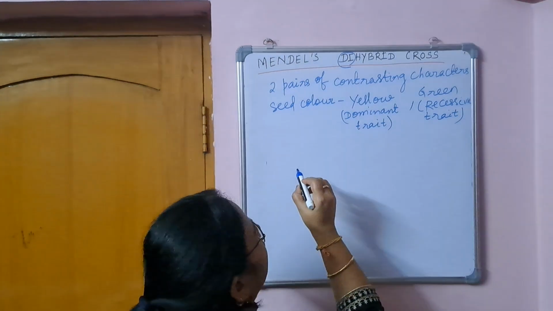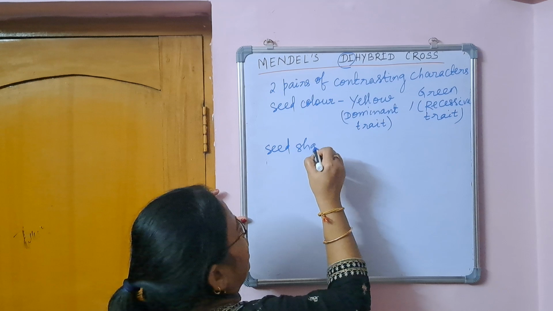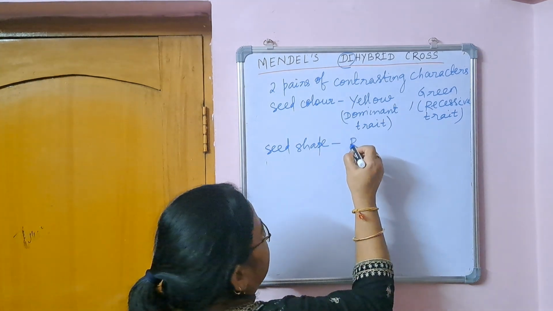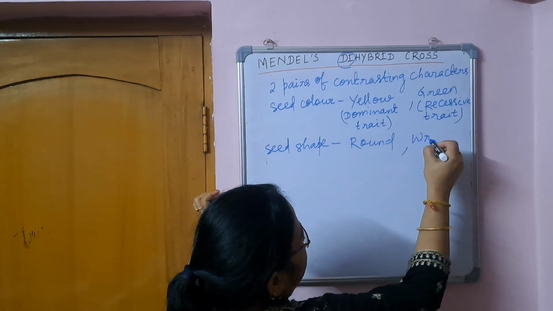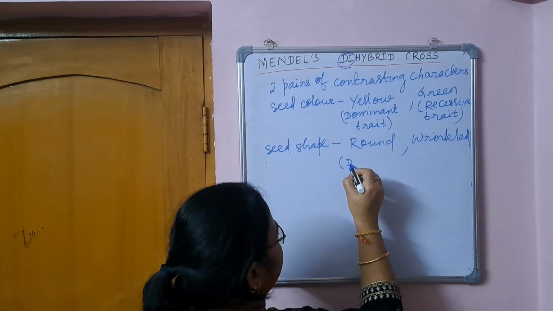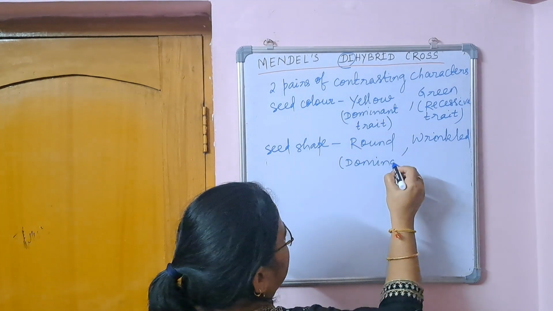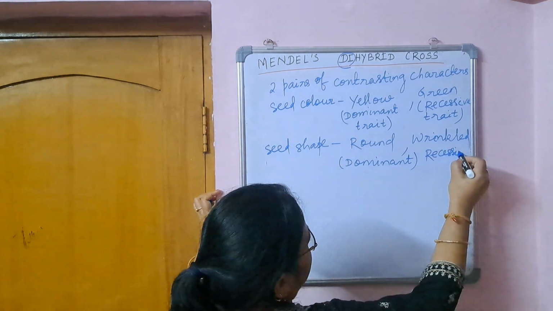Now let us take another character, that is seed shape, and here in seed shape we will be taking round and wrinkled. Round is the dominant trait and wrinkled is a recessive trait.